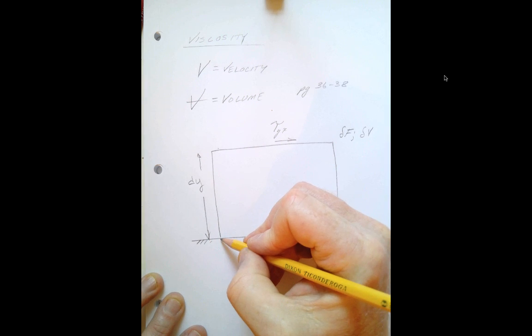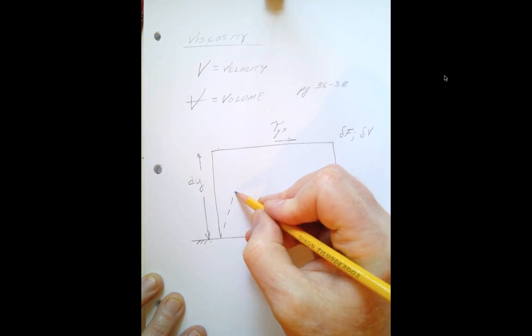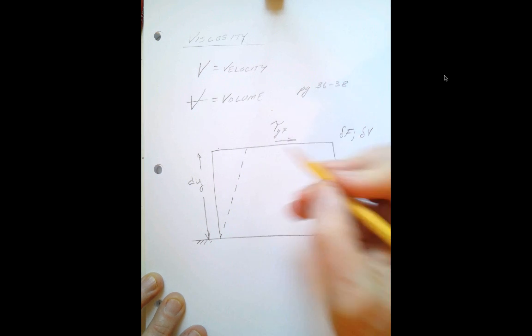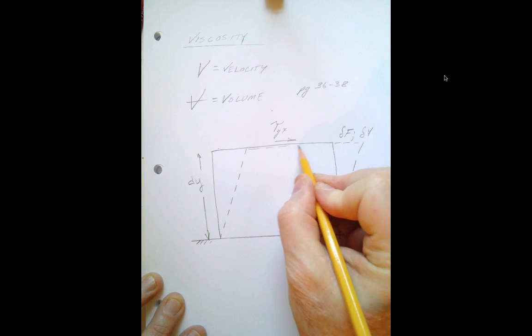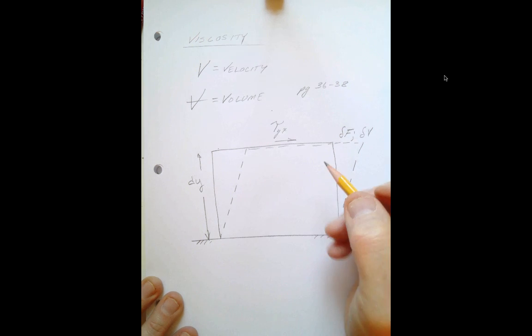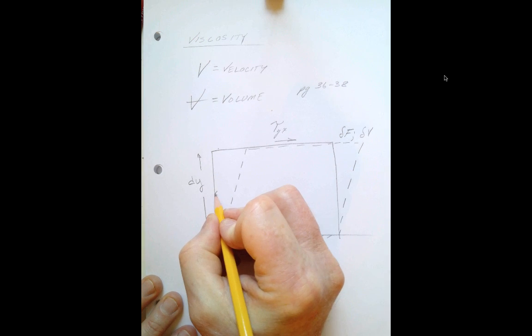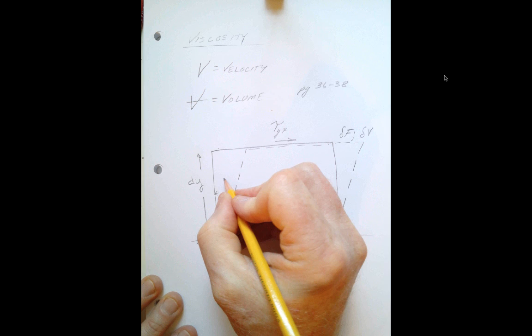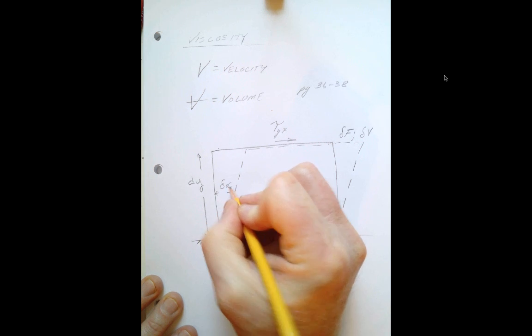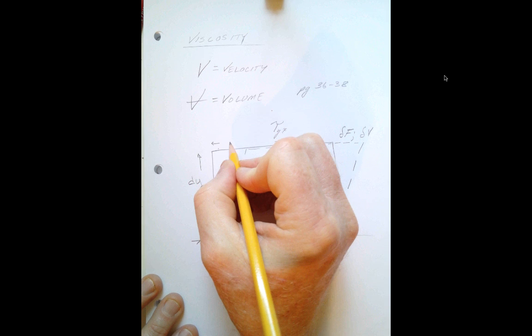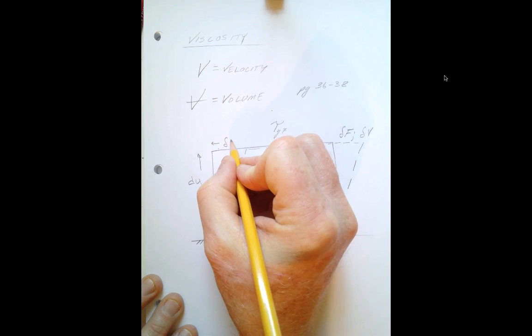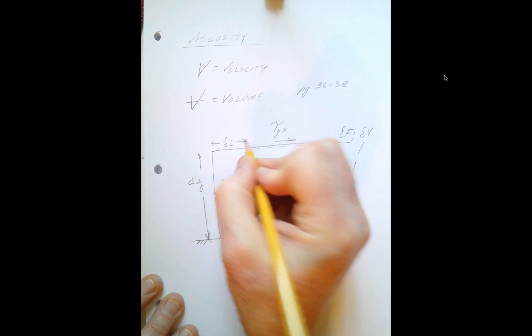And as our fluid starts to deform at some different moment in time, there's the new fluid element, and it struck this angle d alpha, and this top thing has translated a short distance dl.